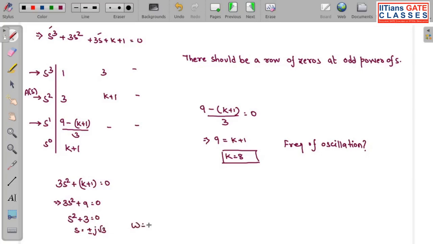So omega is equal to plus minus root 3 radian per second, and we know that a negative value of omega is not possible. So the frequency of oscillation will be what? Root 3 radian per second. Okay, so this is actually the frequency of oscillation, root 3 radian per second.